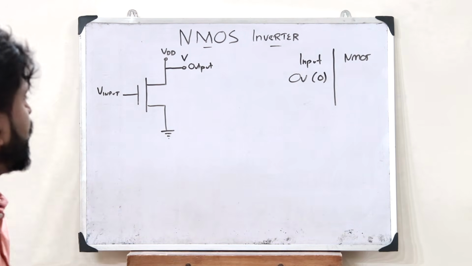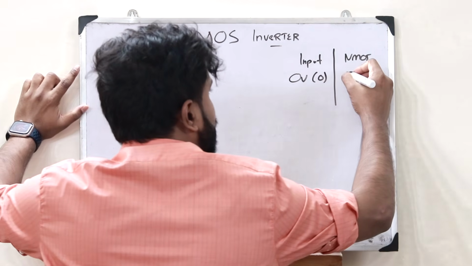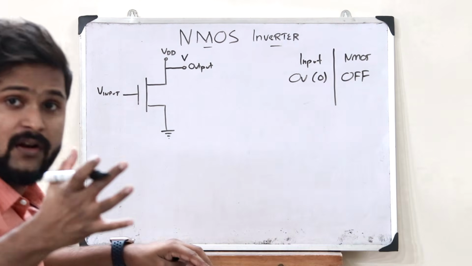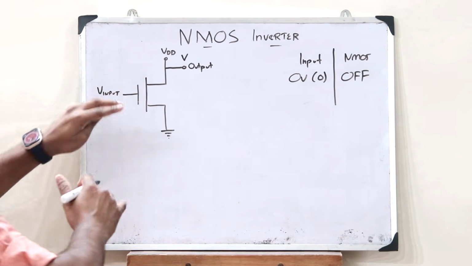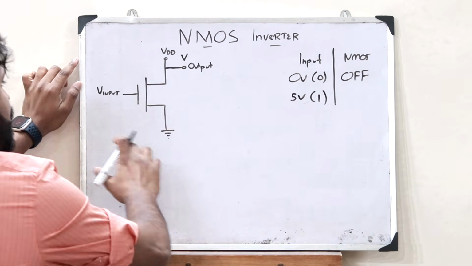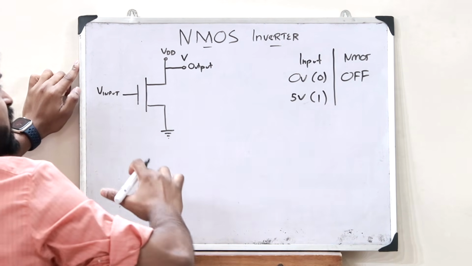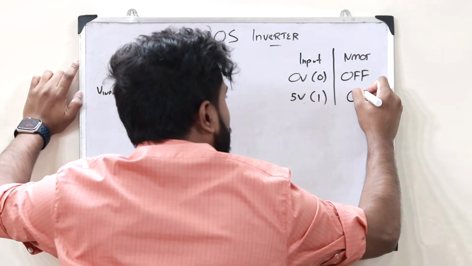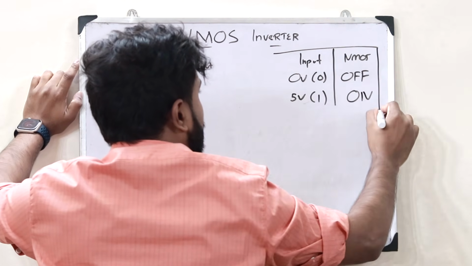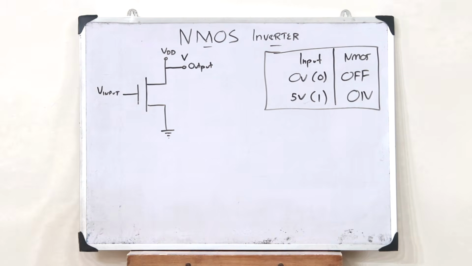That is, it acts as an open switch, so this switch is off. But if you give a peak voltage as the input, say 5 volt, which acts as logic 1, this switch acts as an on switch. So this is the switching characteristic of this NMOS inverter.